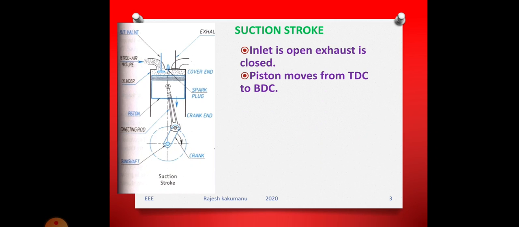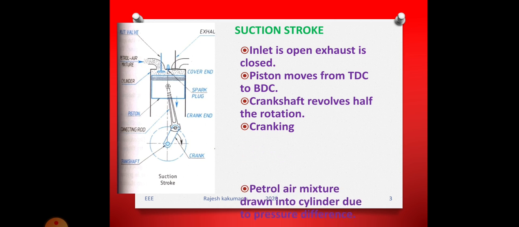Next, the crankshaft revolves half a rotation. See the arrow mark, it is moving from 0 to 180 degrees. Cranking takes place whenever this process goes on.